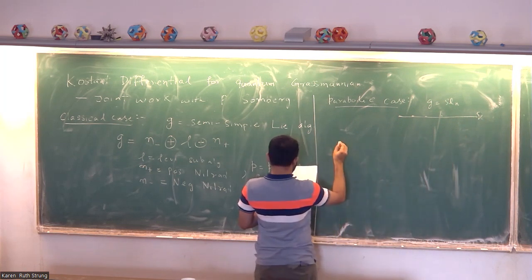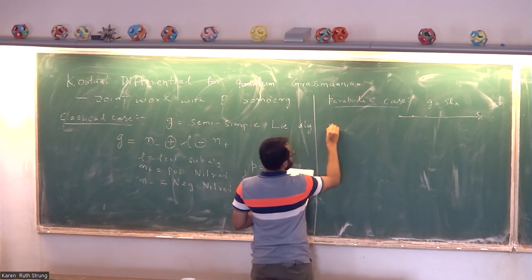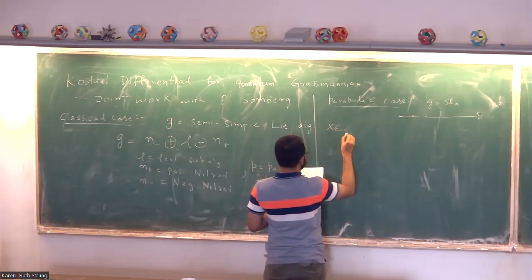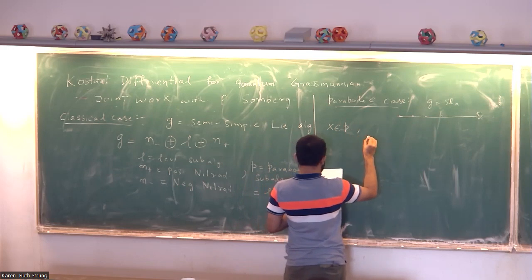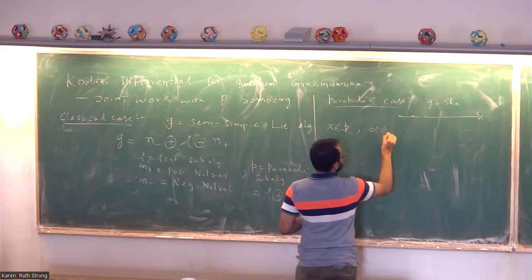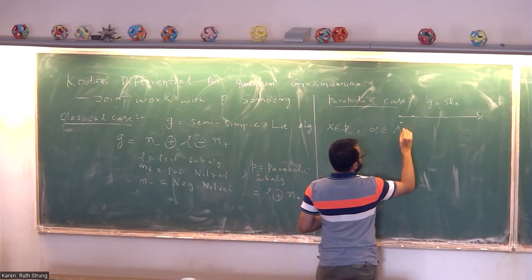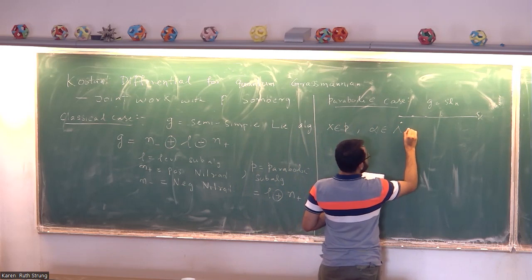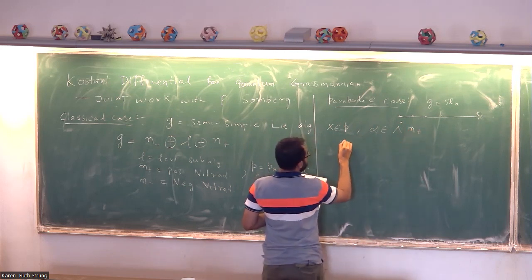Now I'm trying to define the Kostant differential step by step. So let's consider X from the parabolic P and alpha from the graded algebra of n plus.